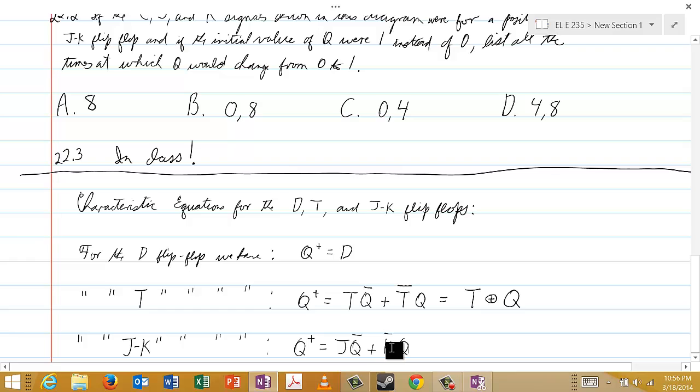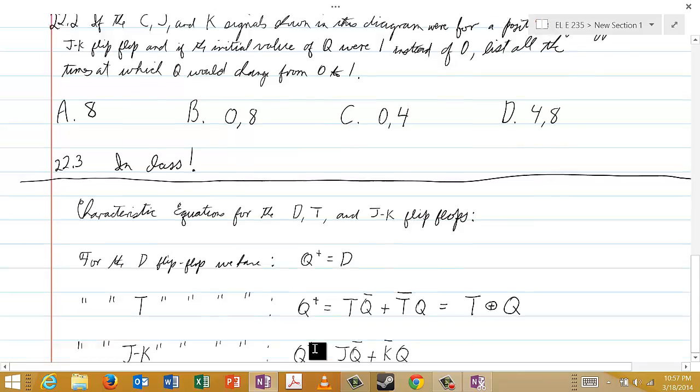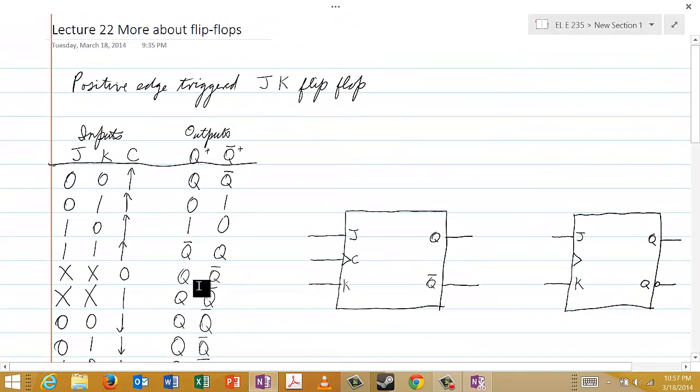Now, if K is 0, then 0 complement is 1. 1 ANDed with Q is Q. So in the case when J is 1 and K is 0, this will say the next value of Q is equal to Q complement or Q. But remember, anything ORed with its complement is 1. So Q complement ORed with Q is 1. So we would conclude that when J is 1 and K is 0, the next value of Q is 1. And sure enough, that is consistent with the third line of this input-output table for the JK flip-flop.